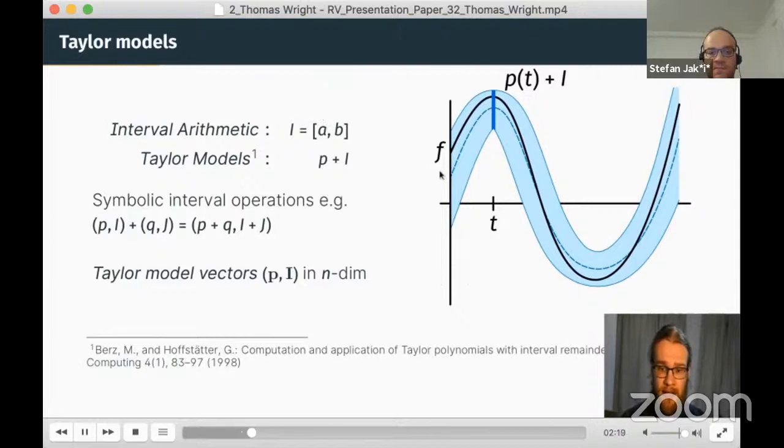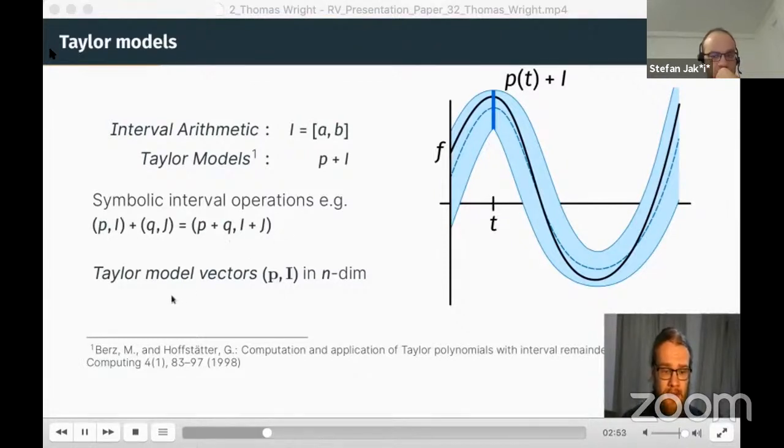Taylor models allow us to over-approximate a whole function, in this case f, by taking a polynomial p enlarged by an interval range of uncertainty I of the value, and this can then enclose f over an entire time domain. Similarly to interval arithmetic, we can perform arithmetic operations on Taylor models, but we are able to get more precise results due to the use of symbolic operations.